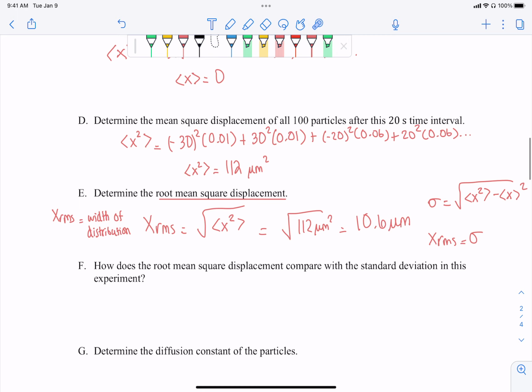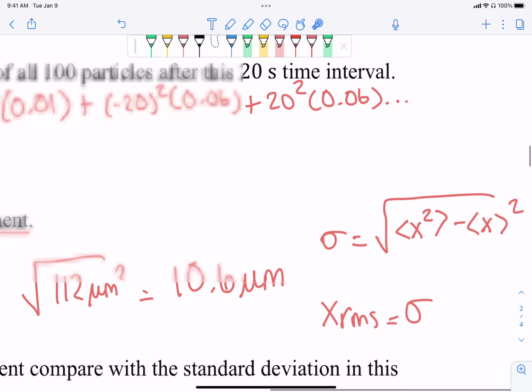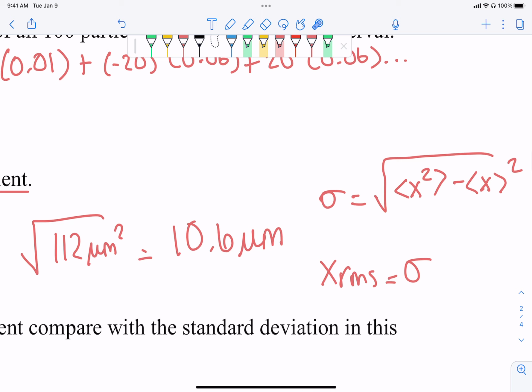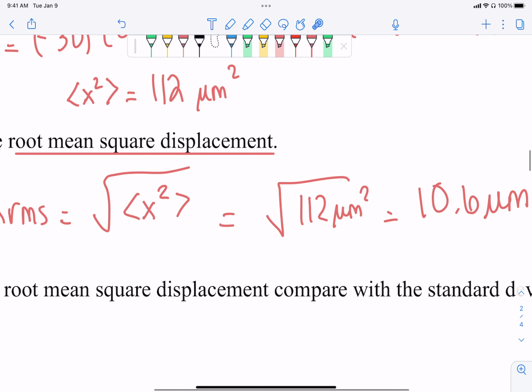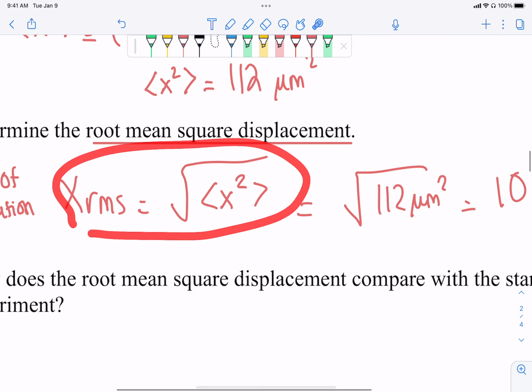So that's a little thing that I'm not sure if they went over, but just know that for your 1D random walks, since your average final position is 0, well, 0 squared, that's 0, so it leaves you with a standard deviation being equal actually to your XRMS value, because XRMS is root of the mean square displacement.